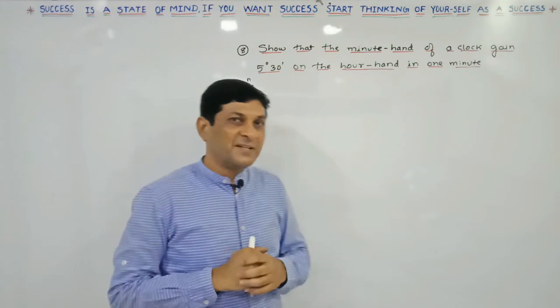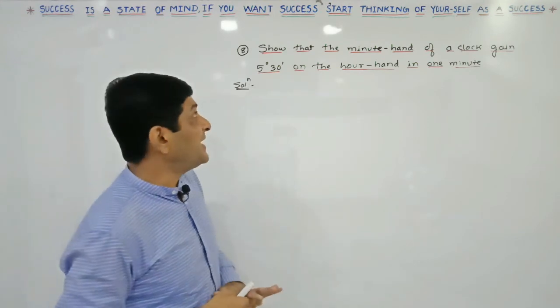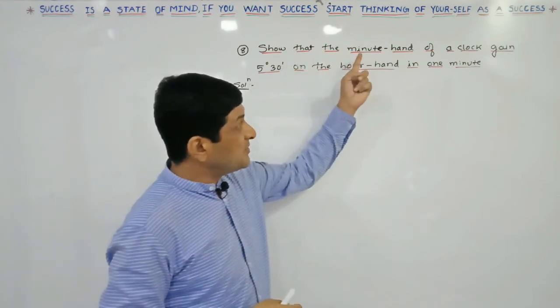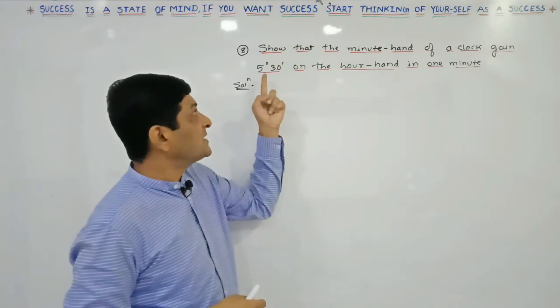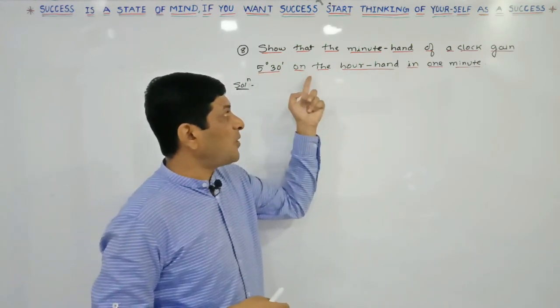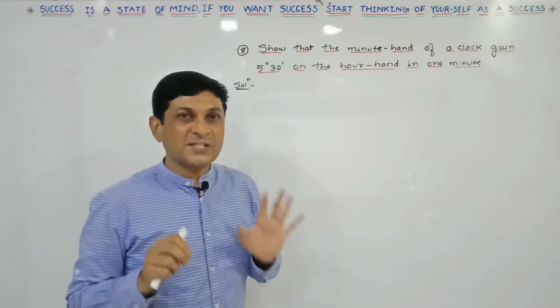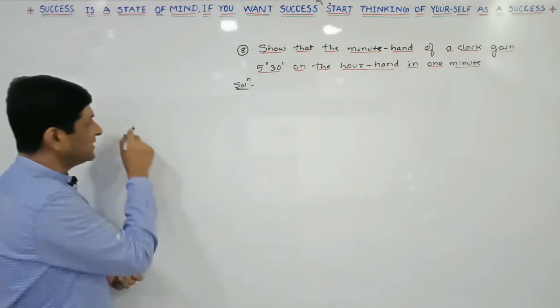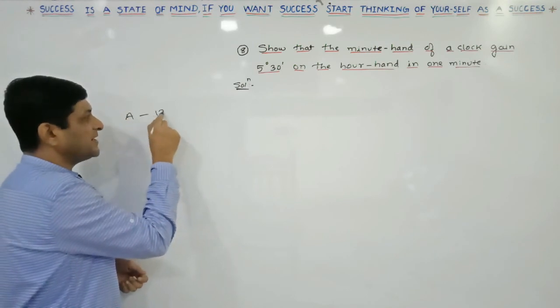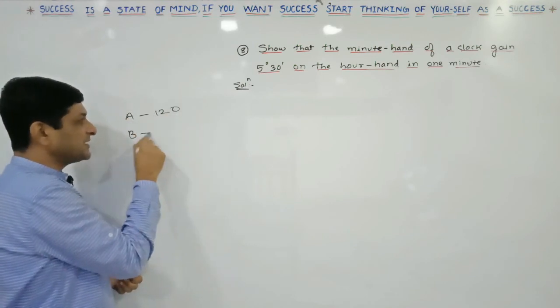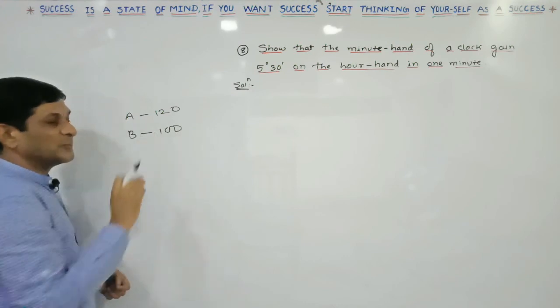Now see example number 8. In example number 8, see what we have to show here. The minute hand of a clock gains 5 degree 30 minute on the hour hand in 1 minute. So gain means what? Suppose one person A is earning rupees 120, and suppose B is another person who is earning rupees 100.